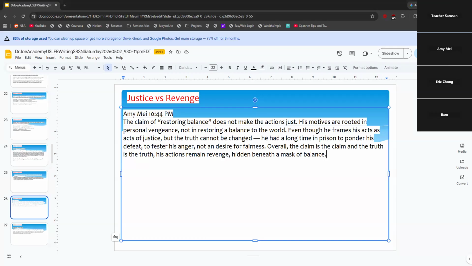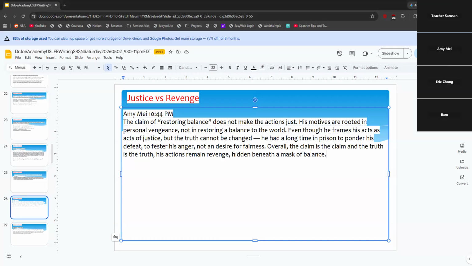All right. Well said. Let's check this out. So the claim of restoring balance does not make the actions just. This is a strong topic sentence. You picked your stance. Everything has to be relevant to this stance. His motives are rooted in personal vengeance, not in restoring a balance to the world.